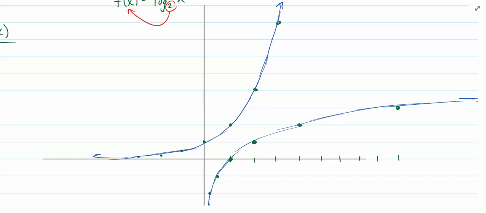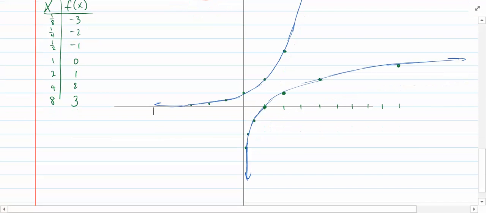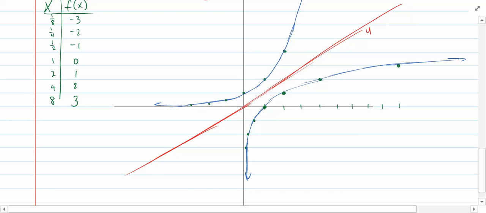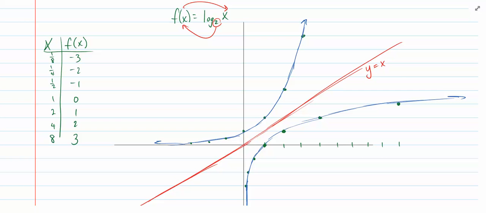And a telltale sign by looking at graphs that lets us know that we're dealing with inverses is if these two are mirror images or reflections of one another over the line y equals x. And that appears to be what we have here. Over 1 up 1, over 2 up 2, over 3 up 3, over 4 up 4, etc. We're dealing with the inverse graph.